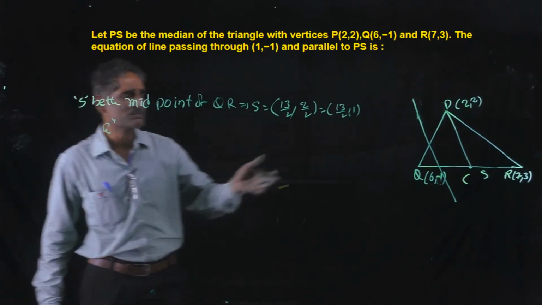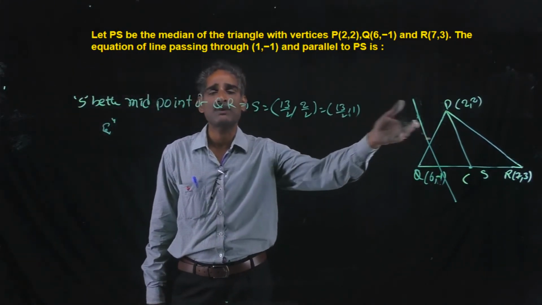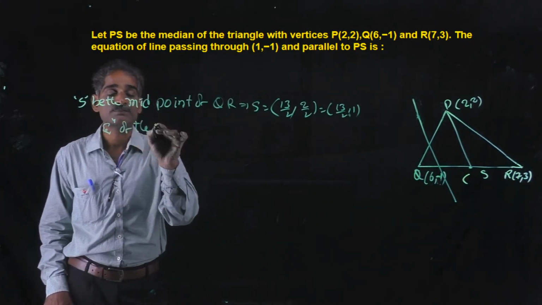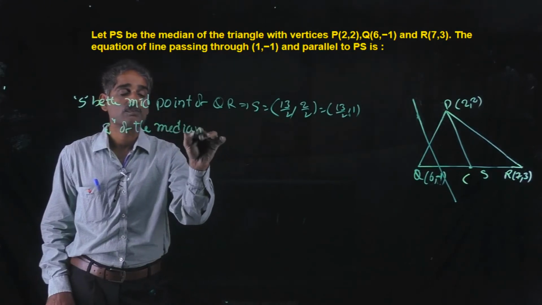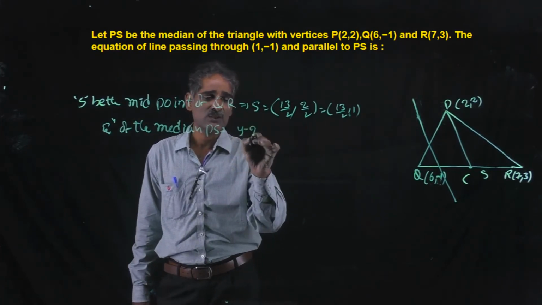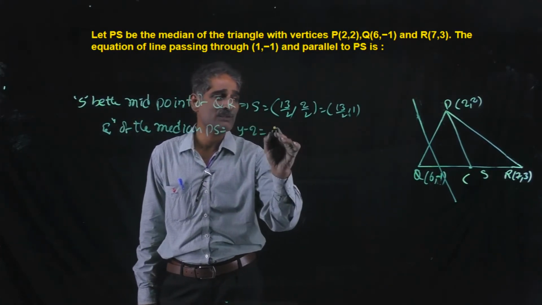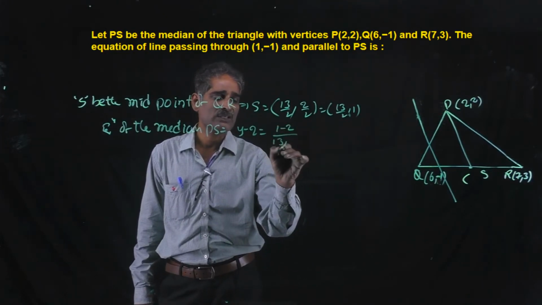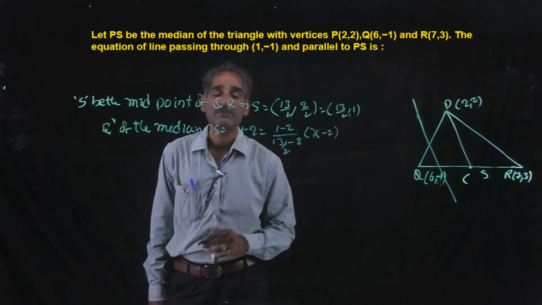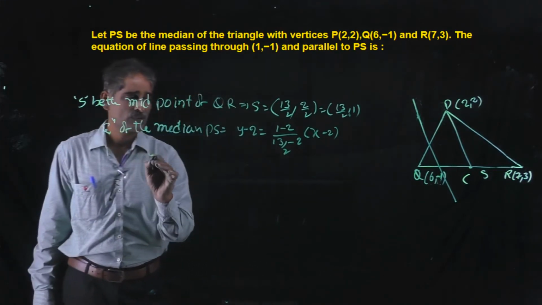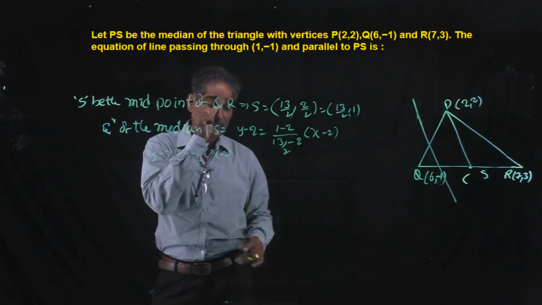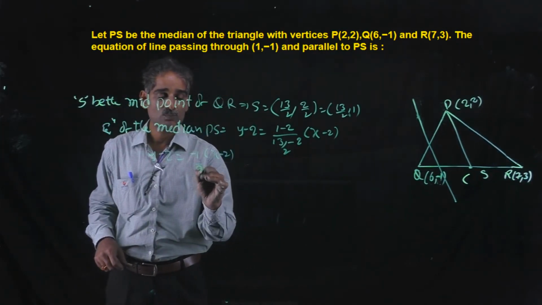For the equation of the median, otherwise by finding the slope, with the help of the slope and this point also we can write the equation. Equation of the median PS: what is the formula? y minus 2 is equal to (y2 minus y1) by (x2 minus x1) into (x minus x1), that means (1 minus 2) by (13 by 2 minus 2) into (x minus 2). Now y minus 2 is equal to minus 1 into (x minus 2) by (13 minus 4) by 2, 9 by 2.